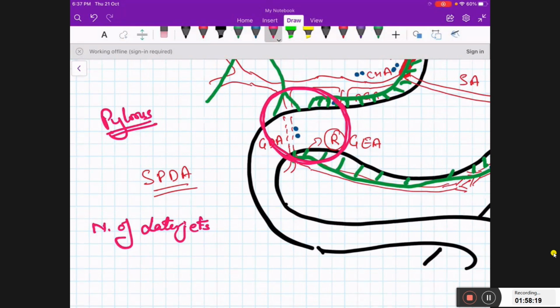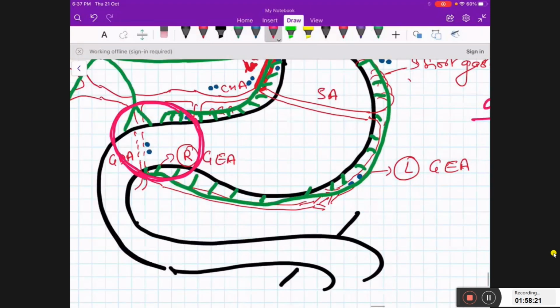And this particular branch, an important point, which is arising from the right or posterior vagus nerve, is supplying the antrum of the stomach, and this part of the stomach has a maximum cluster of gastrin secreting cells.